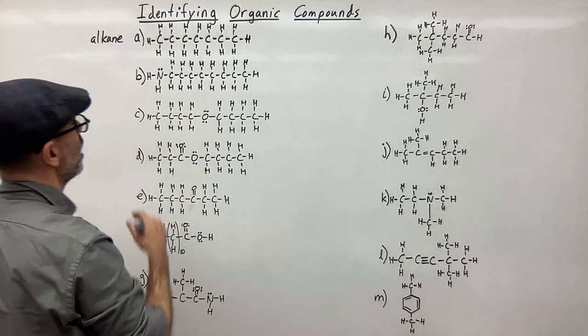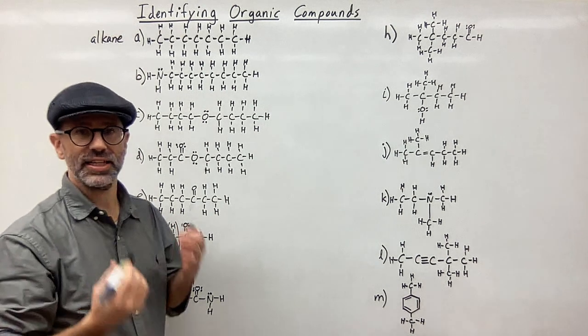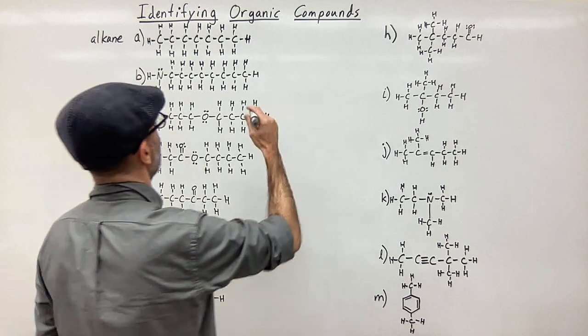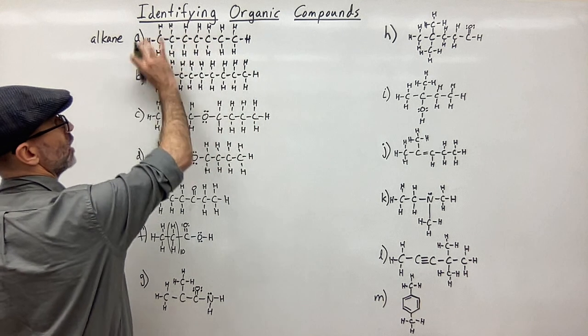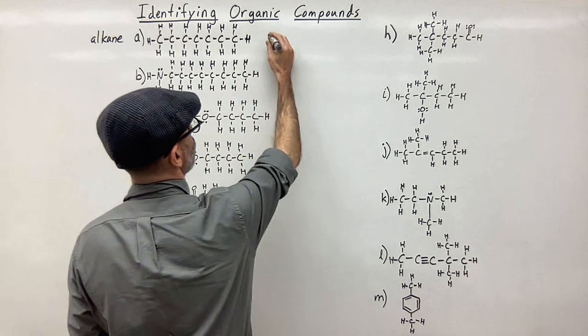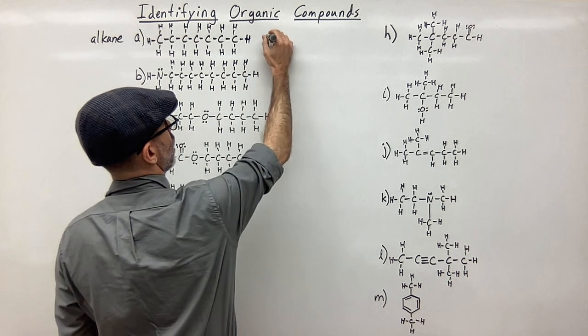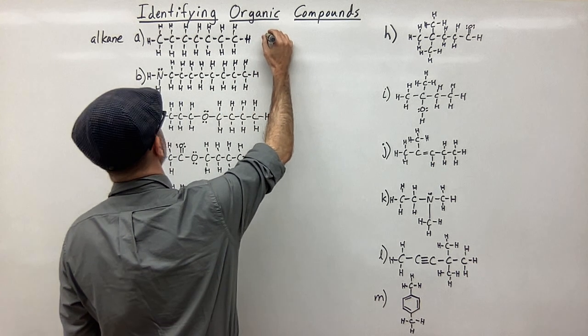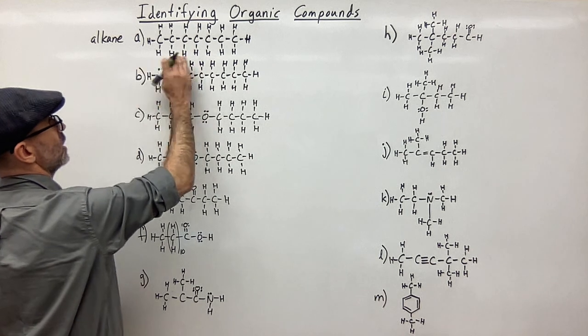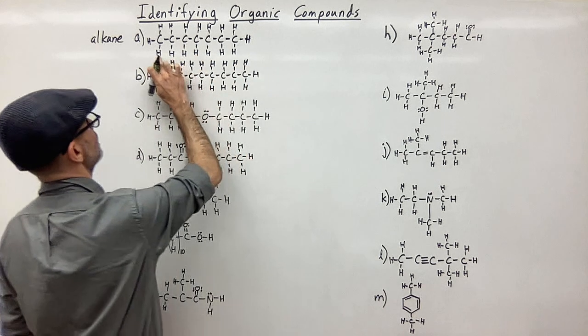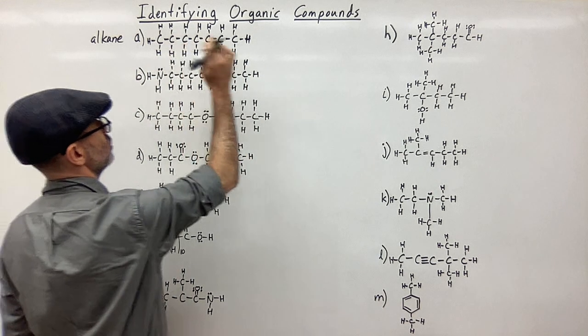And so the condensed formula would be, basically, you're getting rid of the lines and just putting the hydrogens and carbons together. Each group is written separately. So this is a CH3, CH2, CH2, and so on.